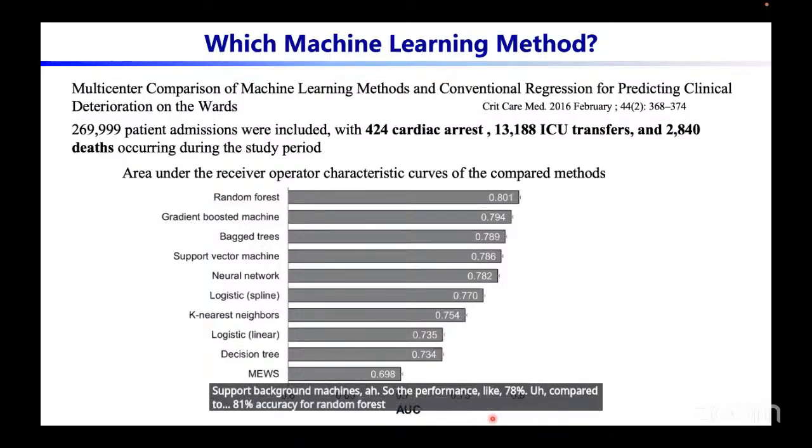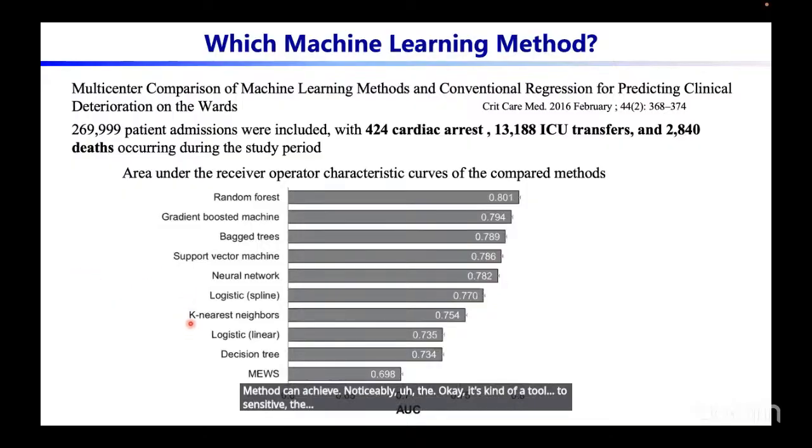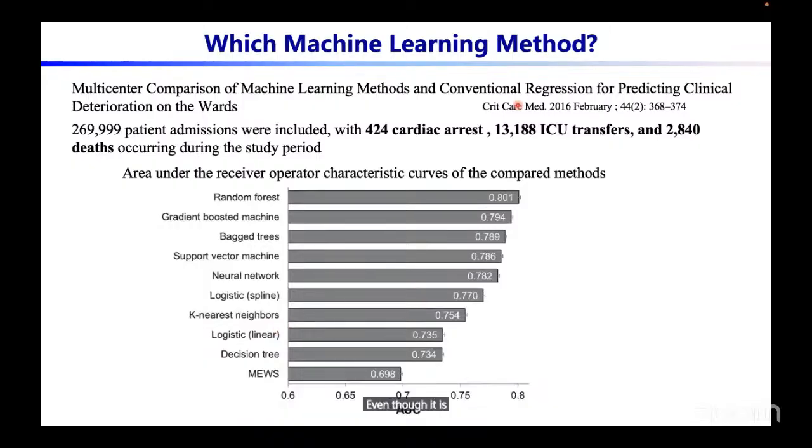So this shows the kind of performance these machine learning methods can achieve. Noticeably, K nearest neighbor, even though it is a very simple method, can still achieve 75%, only 5% lower than the best performing ones.